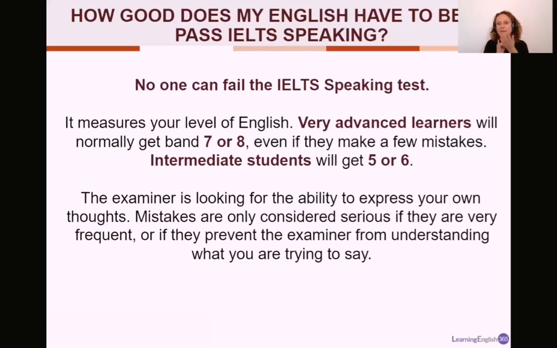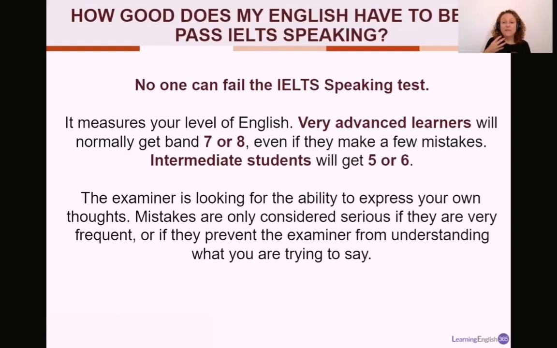So throughout the test, if you are making mistakes, or if they prevent the examiner from understanding what you're trying to say. As we saw earlier, sometimes if you make a mistake with your tenses, or you mix your tenses up in a sentence, it's difficult to know, are you talking about the past or are you talking about the present?